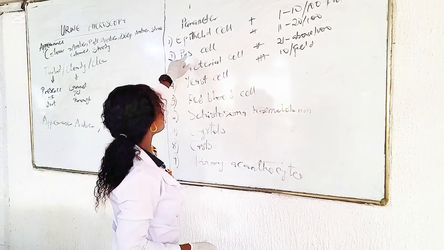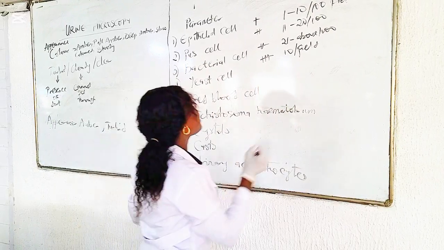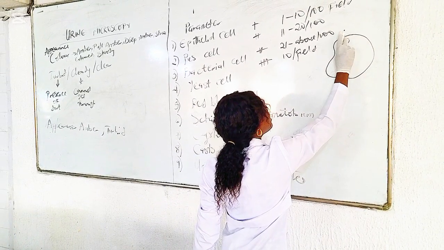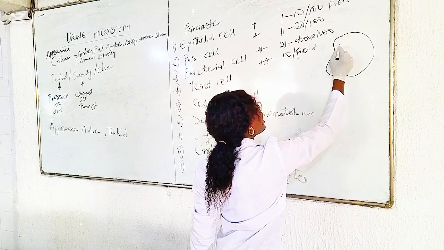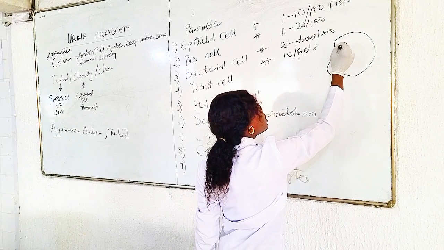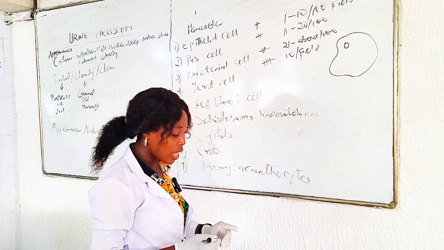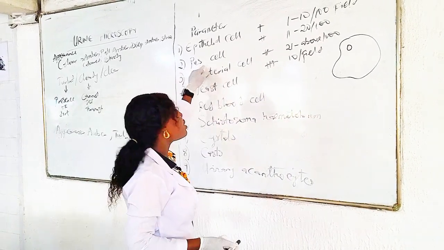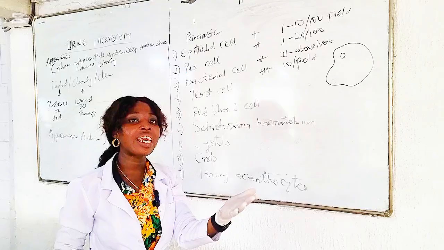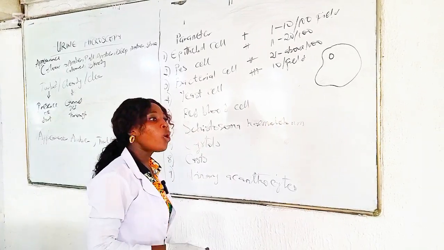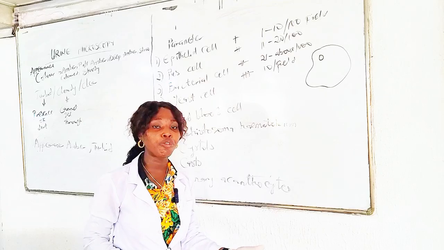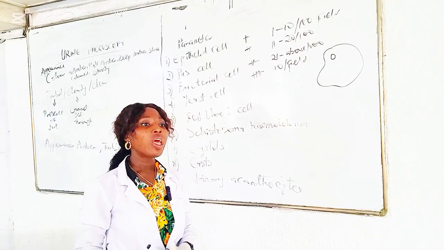Now let's talk about pus cells. Pus cells and epithelial cells are shapeless. Epithelial cells don't really take up a particular shape, but they have a nucleus inside. That's how you know that it's an epithelial cell. Now, pus cells are degenerated white blood cells.